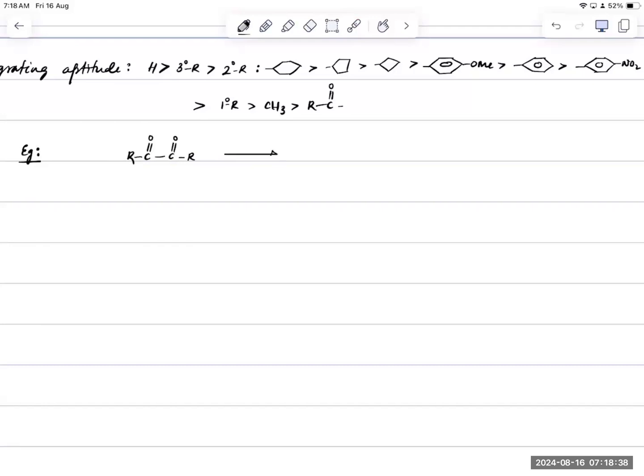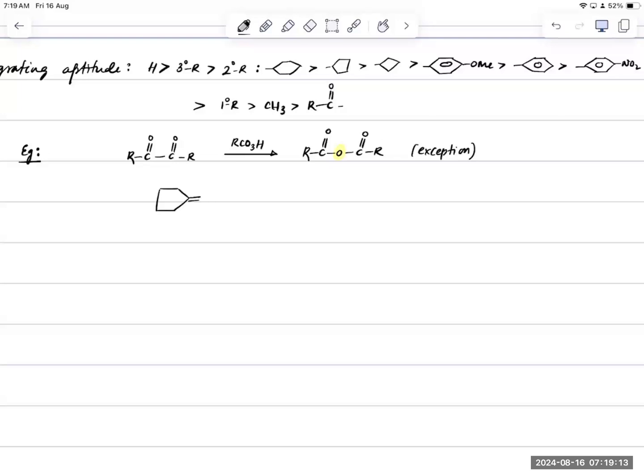That is, if you have R, COO, COOH, then RC double bond O, C double bond O, R. Okay. This is typically the group which you will have. This is the only exception because O will come at the center. Otherwise, in all other cases, O will always take up the other side based on migrating aptitude.